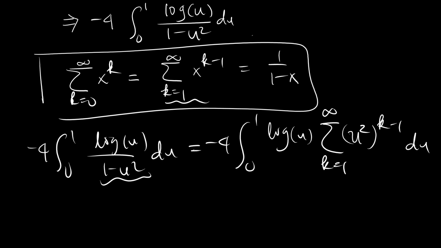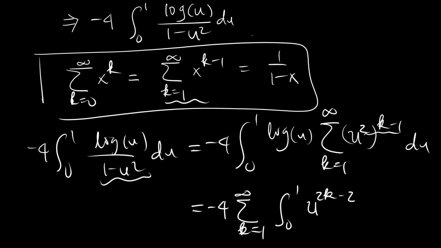And we can swap: integrating a sum of things is the same as summing the integration of individual parts. So we can bring this out. So the integral from 0 to 1 of u, multiply this, we have u to the 2k minus 2 times natural logarithm of u du.